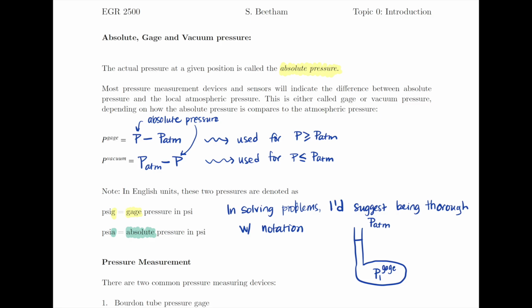All right, so we would typically use gauge pressure for P greater than or equal to P atmosphere. So if the pressure is greater than what is in the surroundings, and then we'd use vacuum pressure when the opposite is true. So our pressure is less than the atmospheric pressure.